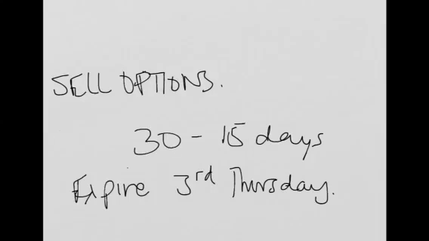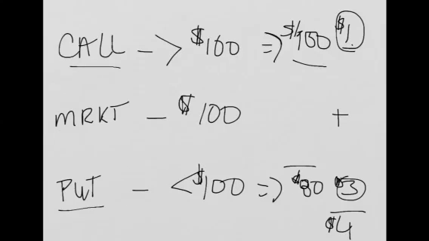So every third Thursday of every month is what they call an option cycle. So there's 12 cycles a year. If you sell 30 to 15 days before that, and then hold through options expiration, and the market doesn't trade above or below where you sold, you make your max gain, which in the case before was $4. You only have to sell those and carry that risk for that 30 to 15 days.